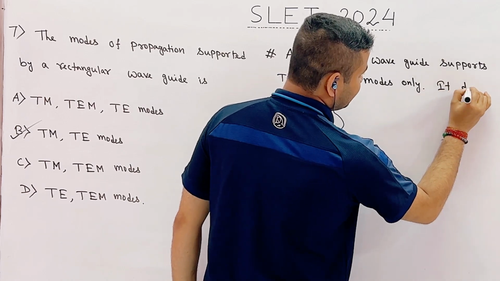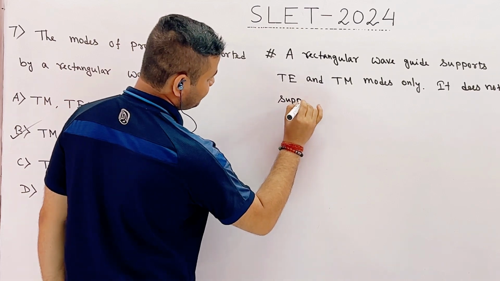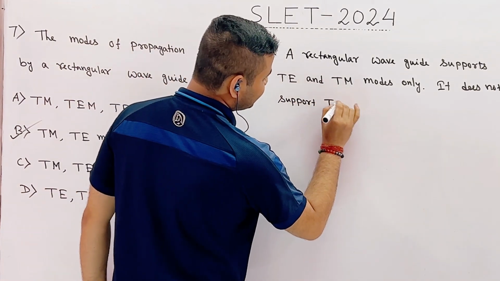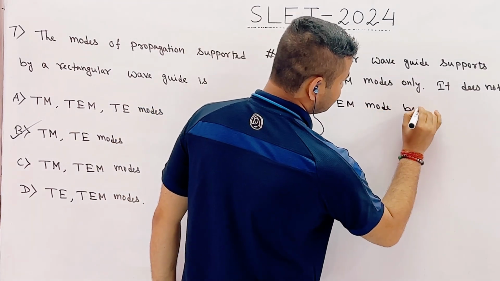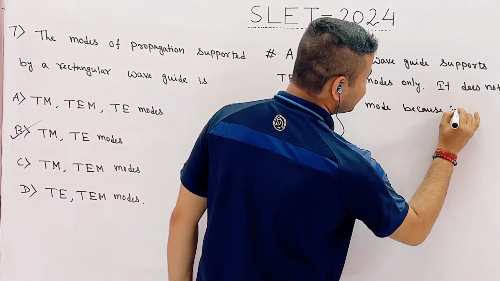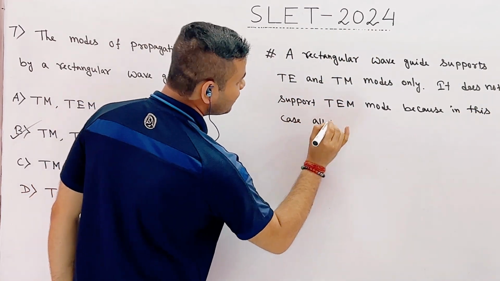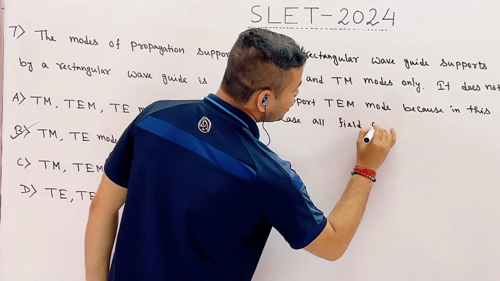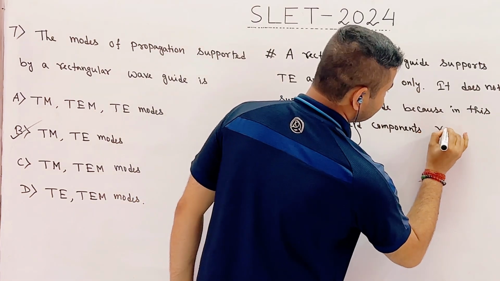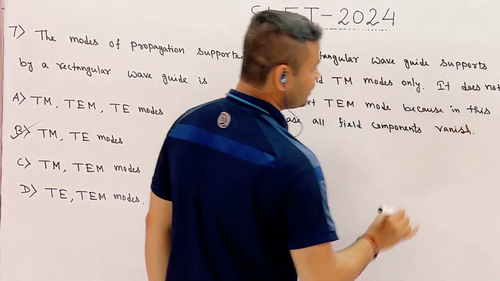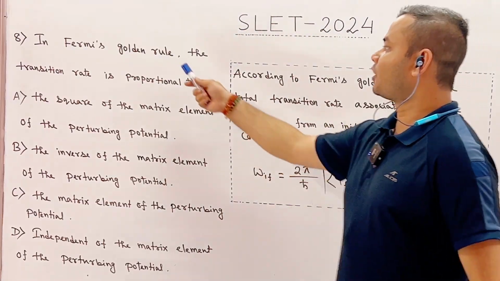It does not support transverse electromagnetic mode, because in this case all field components vanish. Okay? So the correct answer is option B. Next, let us solve problem number 8.